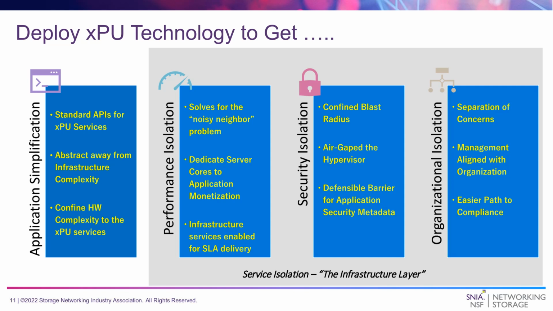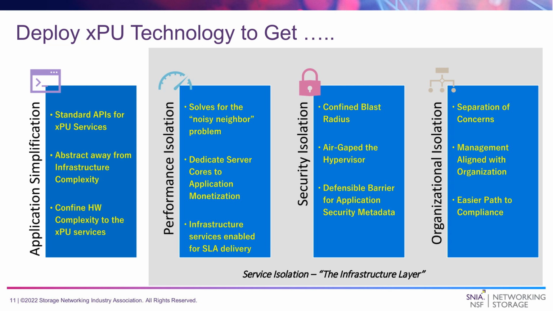So a quick click down into each of these boxes. The application simplification comes back to this idea that if you've moved your infrastructure services into the xPU and you present the application with a very simple, straightforward, and standardized API, something like VirtIO Net or VirtIO Block for network or storage, these are well known, well established, widely available APIs in order to access those infrastructure components.